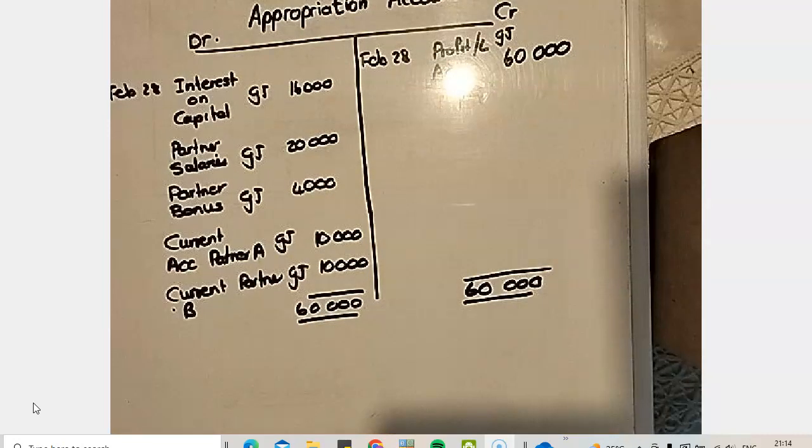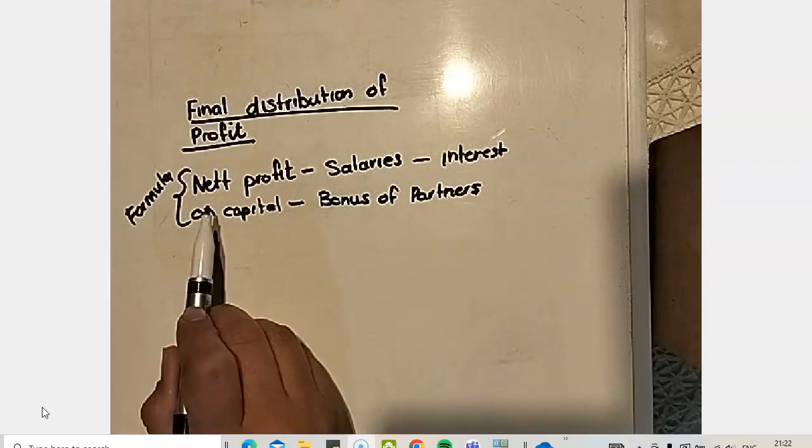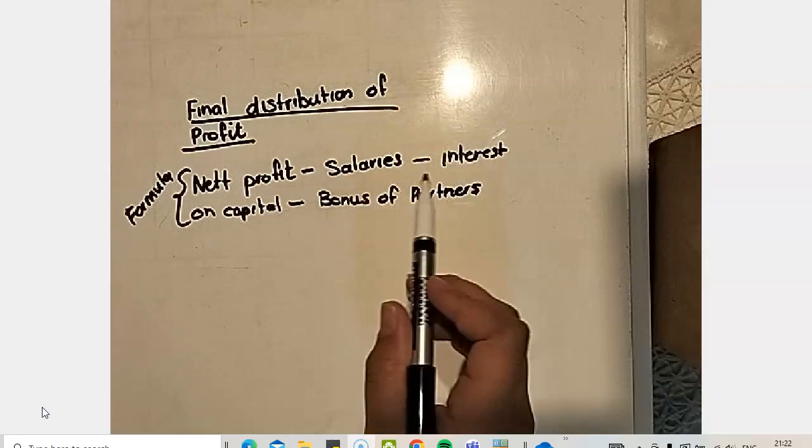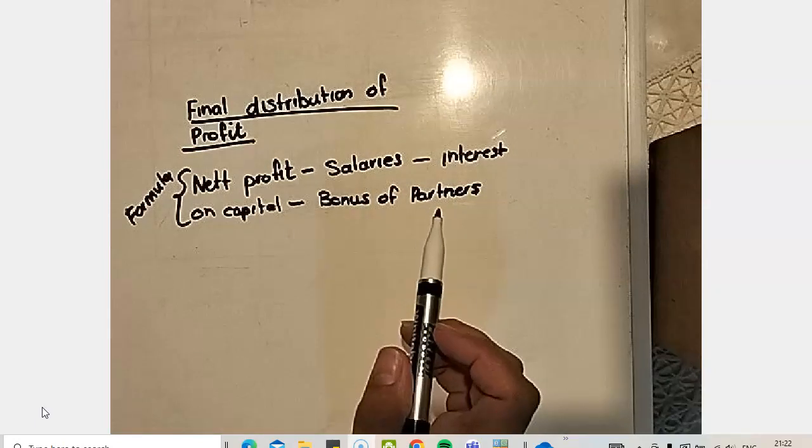Okay, let's look at the current accounts from the different partners. Just to get back to the current account in the appropriation account. This formula is very important to know how to calculate the current account in the appropriation account. It will be your net profit minus salaries minus interest on capital minus bonus of partners.